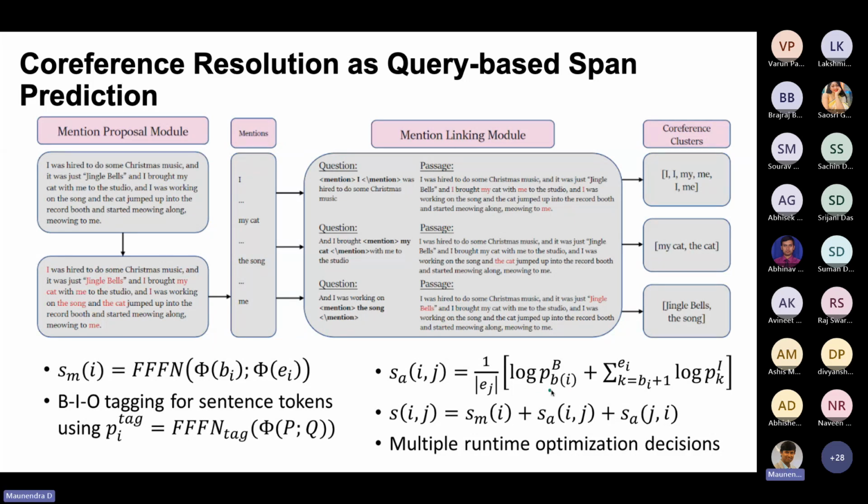So the log probability that is BI: what is the probability that BI has a begin tag, because the span is from BI to EI, right? So that starts at BI. So what is the probability that BI will have a tag B, and then for BI plus one to EI, they should have the I tag. So that score they capture.